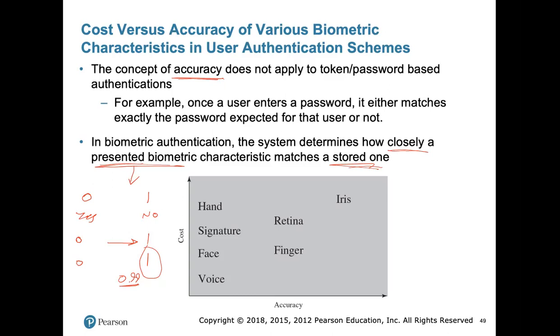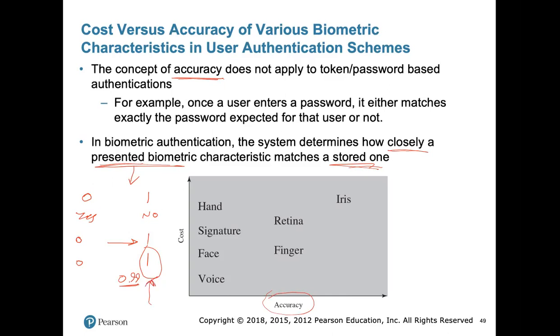So this is, like I said, the big difference between biometric authentication and other authentication based on password or token. We have this concept of accuracy. How accurately can we do the authentication? How close can we get to one?